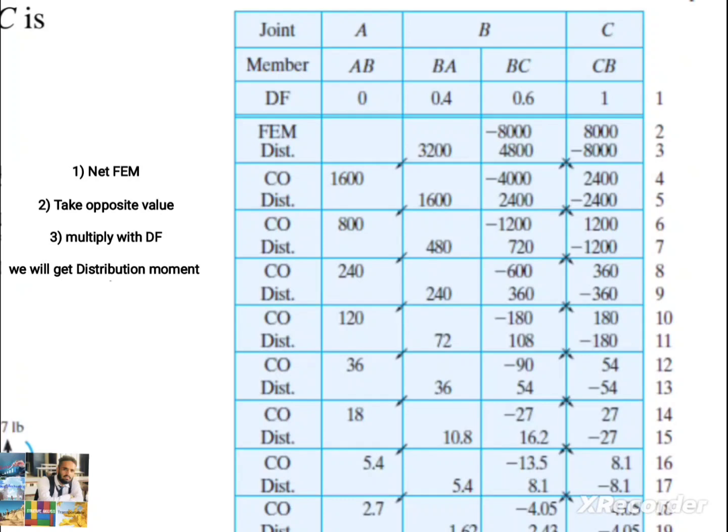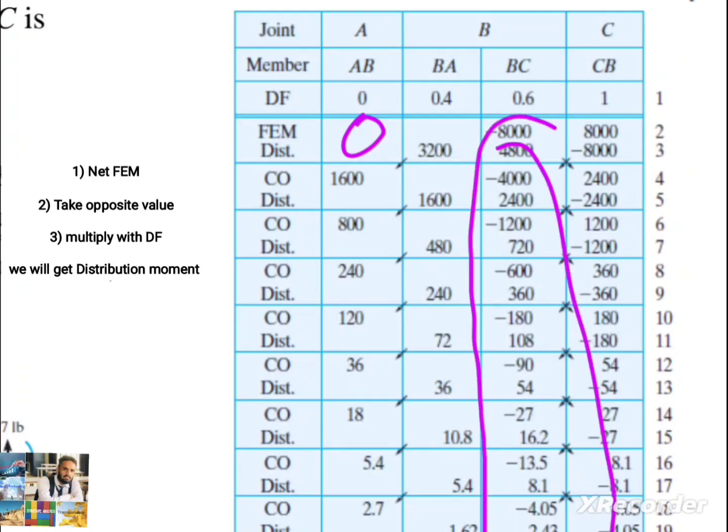So the last step is to add all the moments. Remember this: this is a fixed moment, distribution moment, add all these moments. So we will get the moment at point A as 2823. Add all the moments. For BA we will get 5647, sum up all the moments.